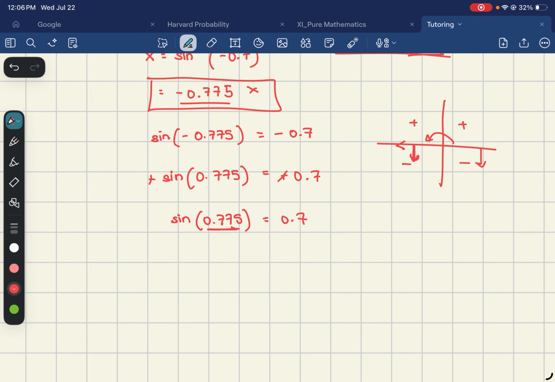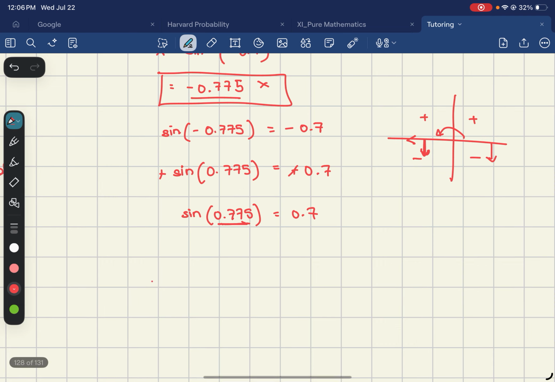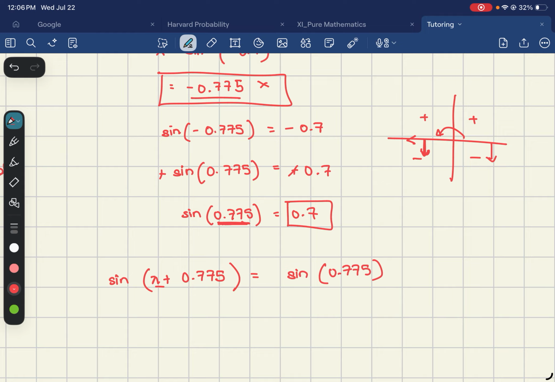And if you notice, 0.775 is acute. So your solutions are going to be pi plus your acute angle, 0.775. Sine of pi plus the acute angle is just going to be negative sine of 0.775. And this is in the third quadrant, so it's negative.